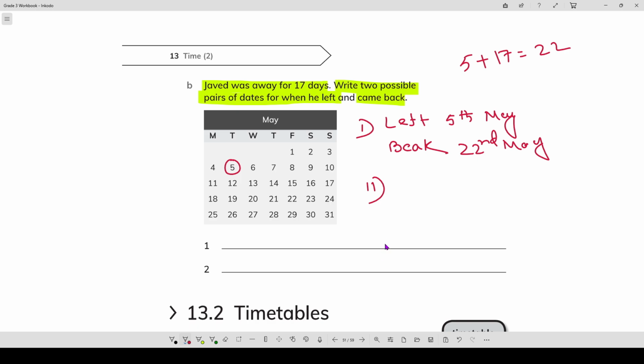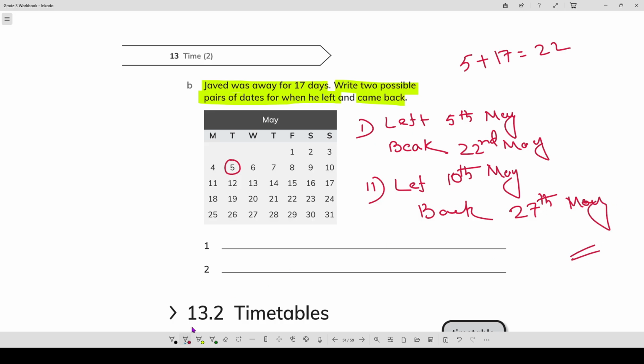Next, suppose he left 10th May and came back 17 days later, it means 27th May. Okay.